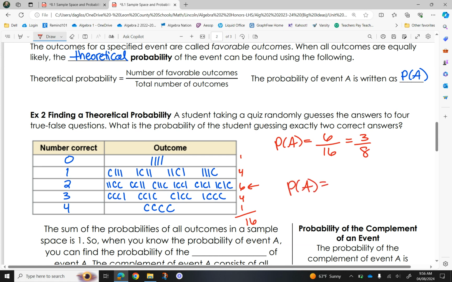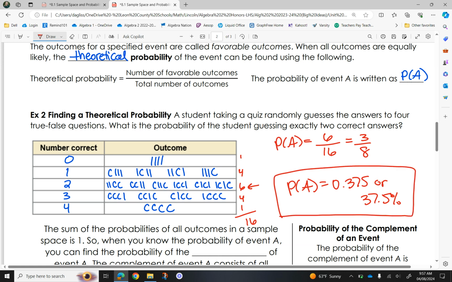As a probability, though, we typically write it in decimal or percent form. So we're going to say 0.375 or 37.5%. So what would your chances be of getting all of them right? 1 over 16.